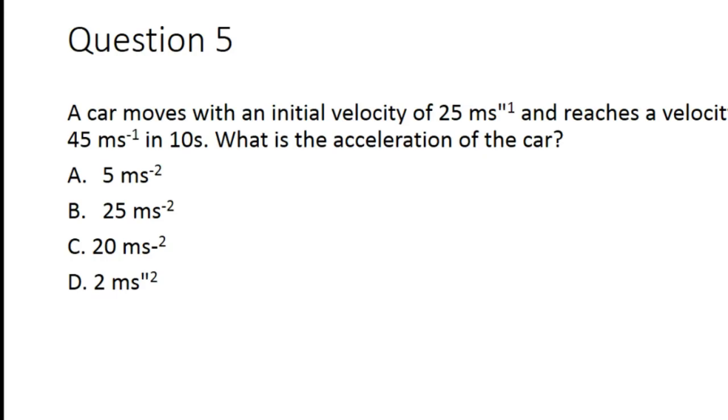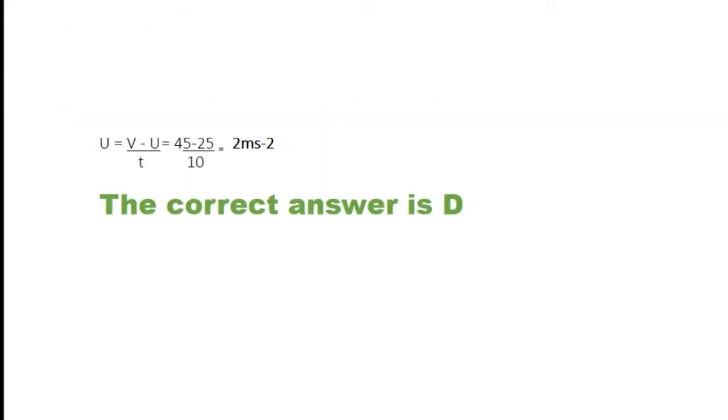Question 5. A car moves with an initial velocity of 25 meters per second and reaches a velocity of 45 meters per second in 10 seconds. What is the acceleration of the car? For us to get the acceleration of the car, we'll use the formula a equals (v minus u) over t. Now we have all our values here.